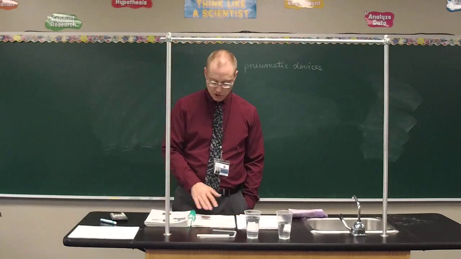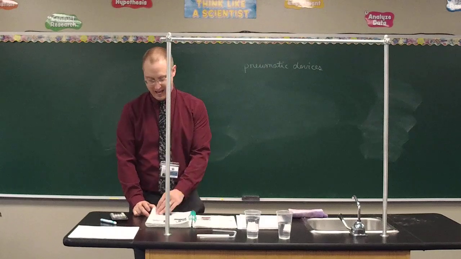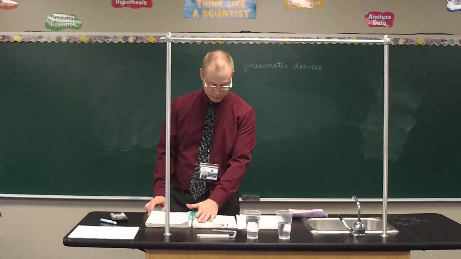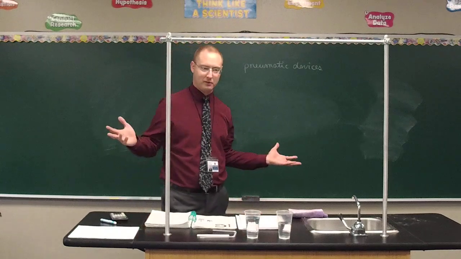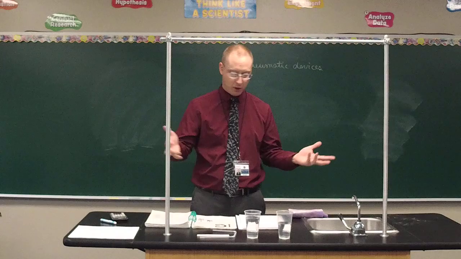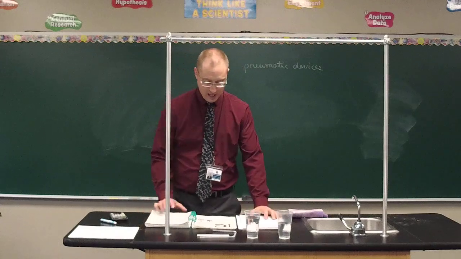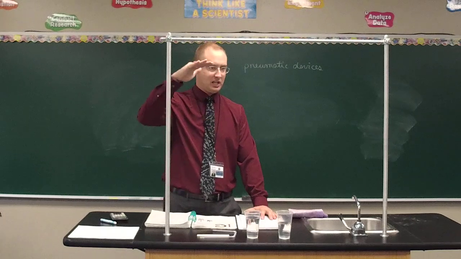Let's take a look at some of these pneumatic devices right here in your textbook. The first one I want to look at is actually on page 66. They call it a compressor, a bicycle pump, a ball pump. Pump your soccer ball, your volleyball, your bicycle tire. It's a really straightforward device. It just has a flexible disc inside.